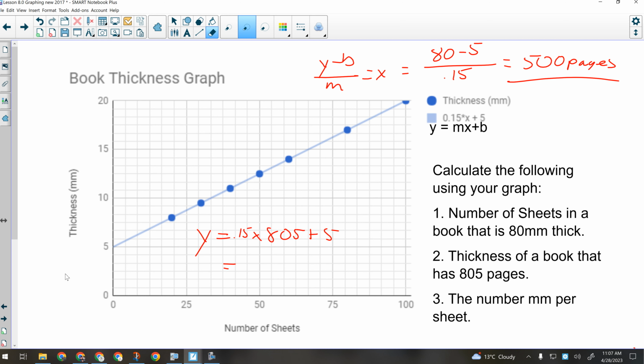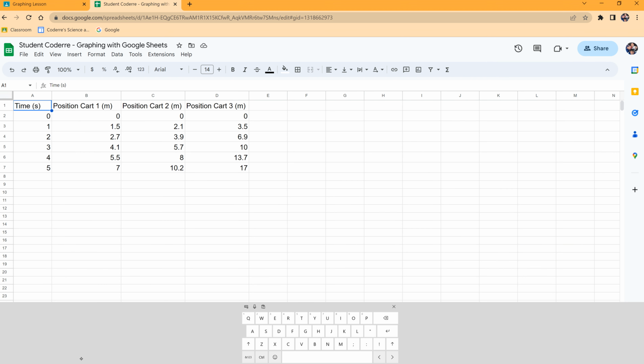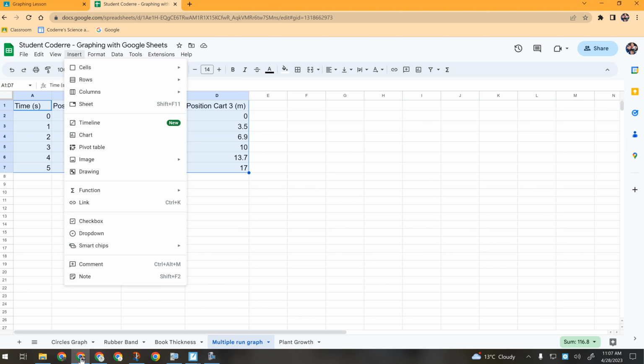All right, last one we want to do here is the multiple run graph. That is right after book thickness. Okay, so to do a graph with multiple runs, do exactly the same thing we've been doing. Highlight all of it. Insert your chart, all of it will go the same.